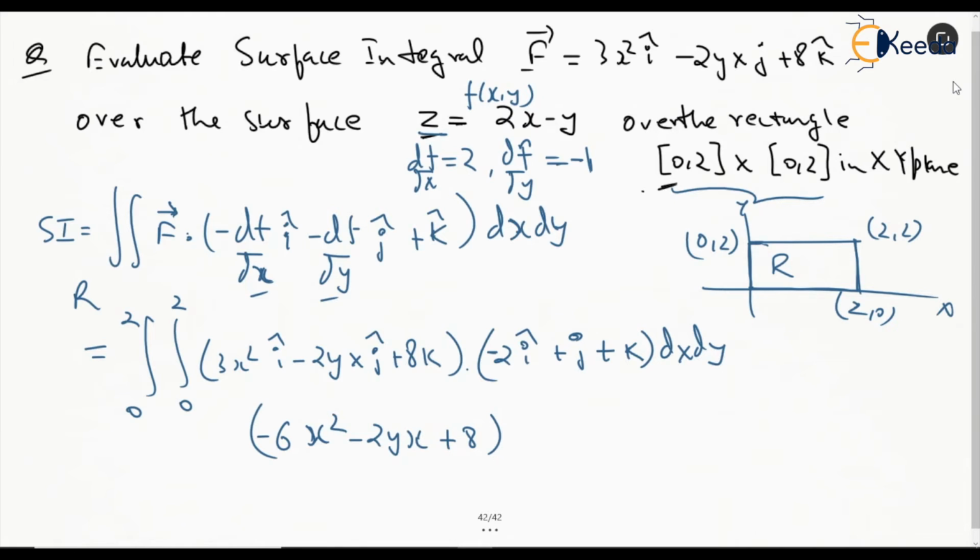So this has to be integrated in dx dy, with limits 0 to 2 and 0 to 2. We can see that we don't have any z component in this function. If we had a z component, we would put z as 2x minus y.